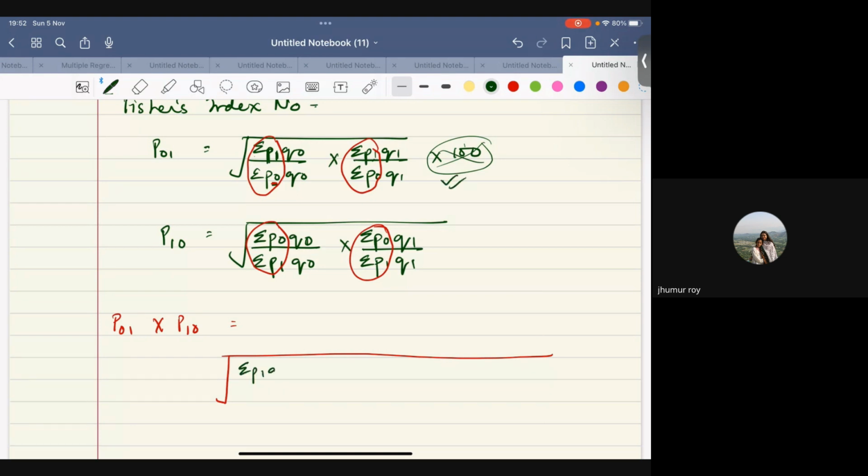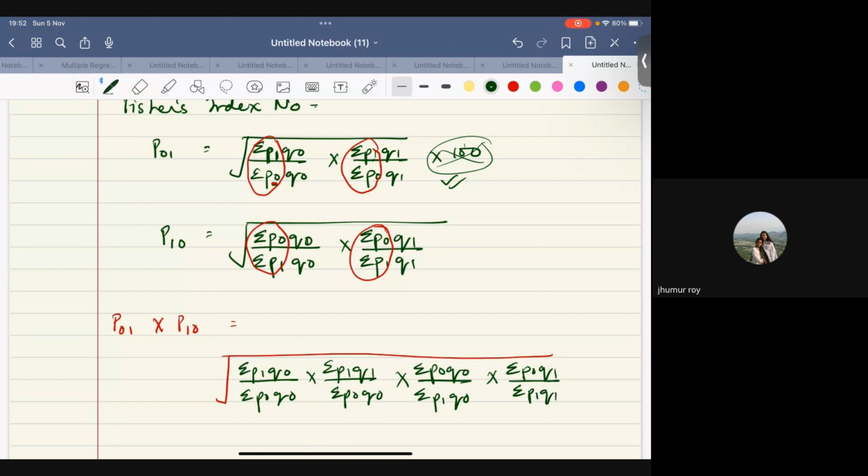Sigma P1 Q0 upon sigma P0 Q0, multiplied by sigma P1 Q1 divided by sigma P0 Q0, multiplied by sigma P0 Q0 divided by sigma P1 Q0, multiplied by sigma P0 Q1 upon sigma P1 Q1.